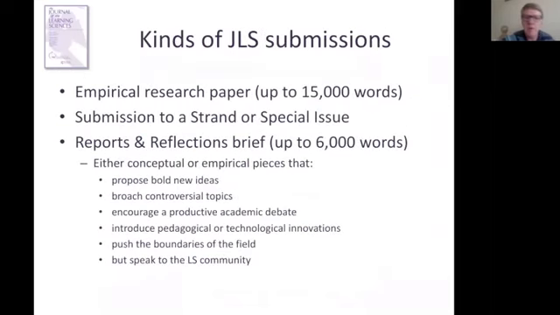So I think we'll just keep going. Kinds of submissions. This is really quite important. We give 15,000 words for a full journal article, which includes the reference list as well as any text in tables. We think that's a lot of space.